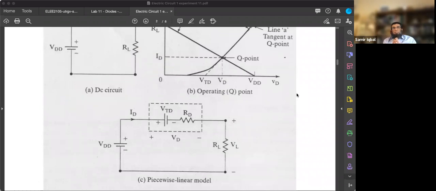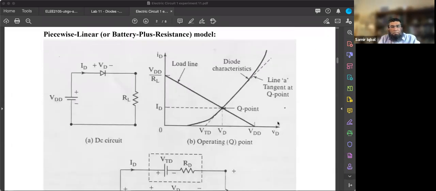Now, when we say there is a current that's associated with the diode, there is a break-in voltage, which is half a volt. So we can also model that something like there is a reverse voltage. Whatever voltage we are applying, the diode is applying a voltage opposite to that, up to 0.5 volts. So how can we model that?